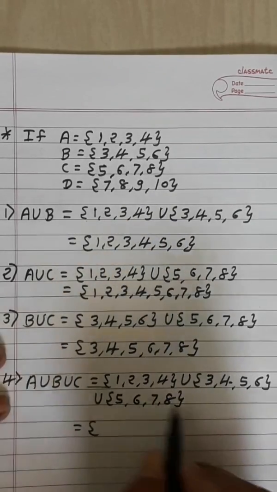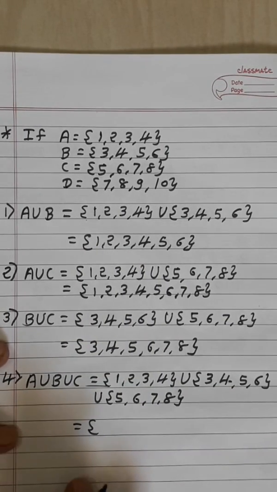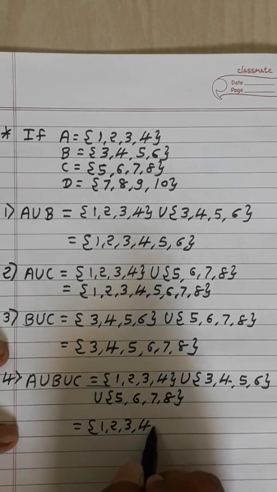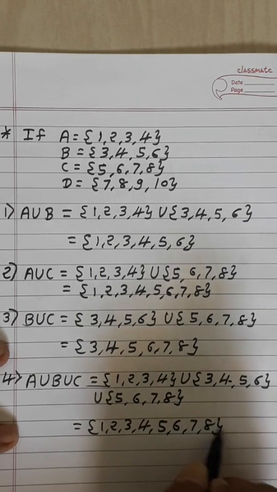Now the union of all these three sets, that means A union B union C. So here we can write 1, 2, 3, 4, 5, 6, 7, 8.